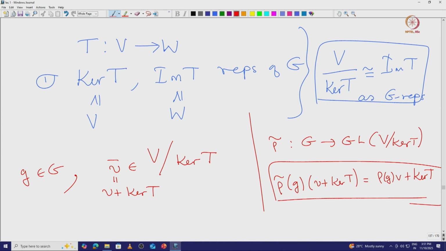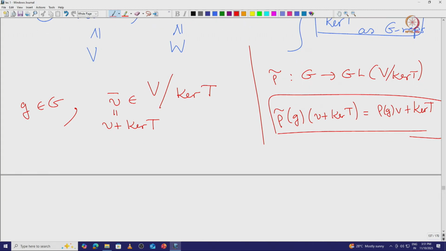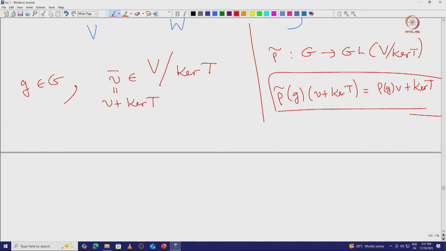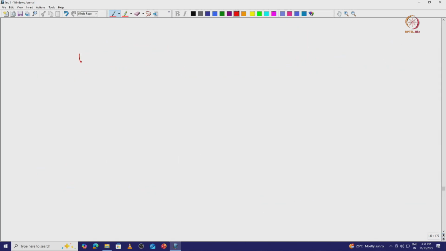And so, one wants to check that this indeed gives us a representation, because we want rho tilde to be a group homomorphism. So, first of all, rho tilde(g) must be an invertible element, that is the important thing to check. So, what is rho tilde(g)? Basically, this is an induced map that is coming from rho(g).